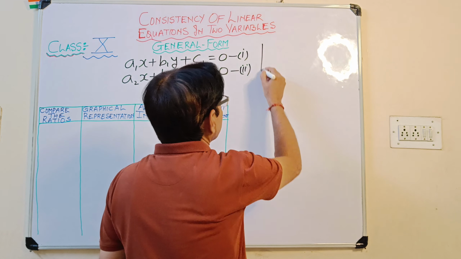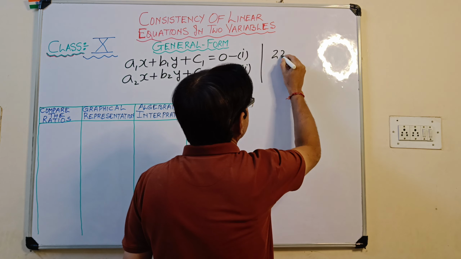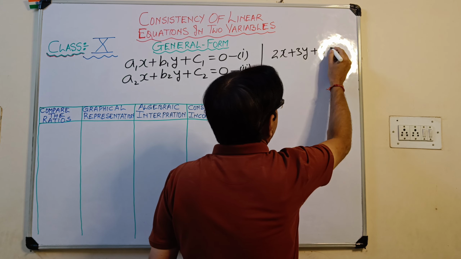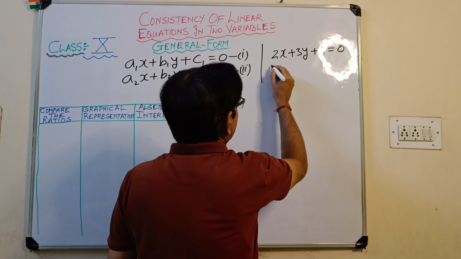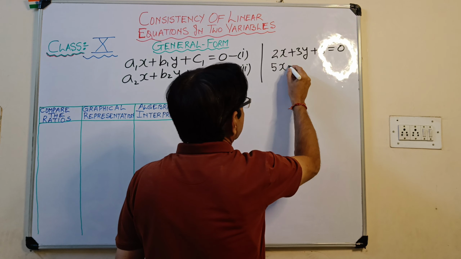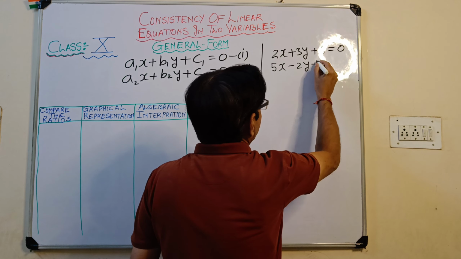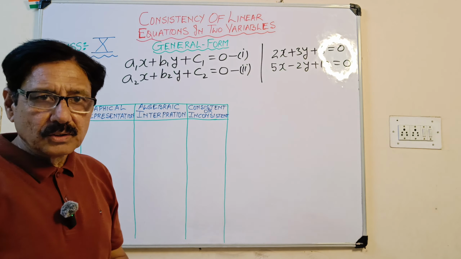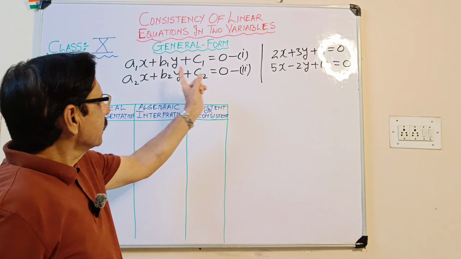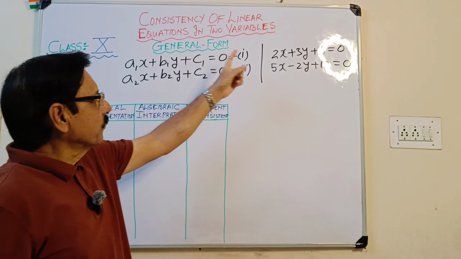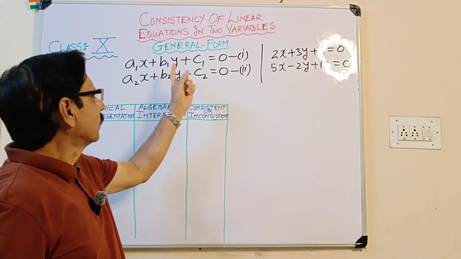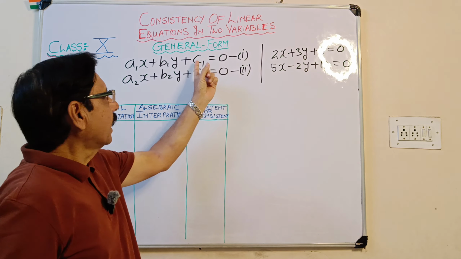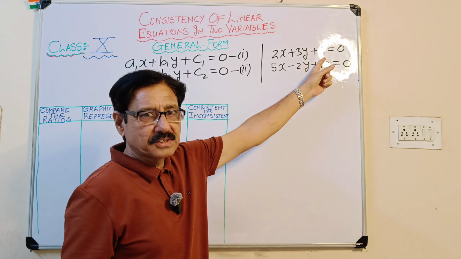Like if I write two equations, 2x plus 3y plus 6 equals 0, and another, say, 5x minus 2y plus 10 equals 0. If we compare, very easily you can tell: a1 is 2, b1 is 3 and c1 is 6.